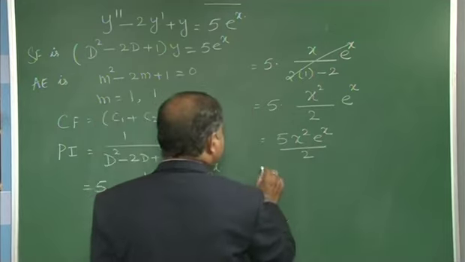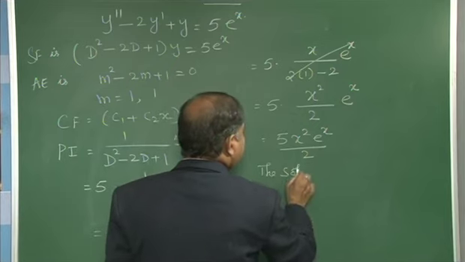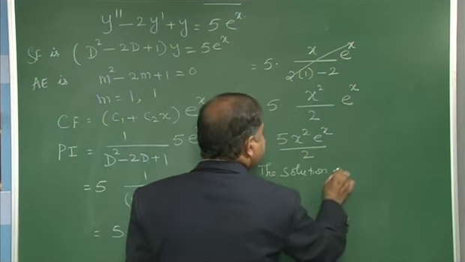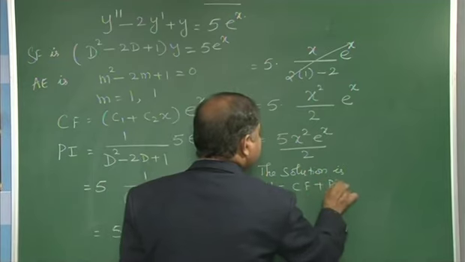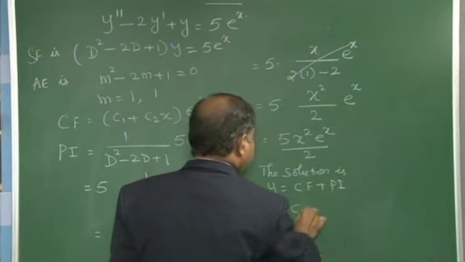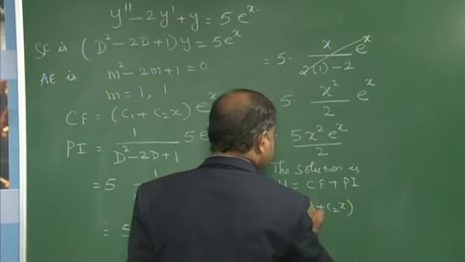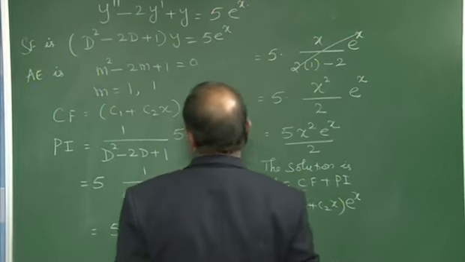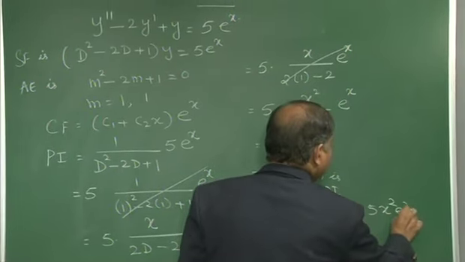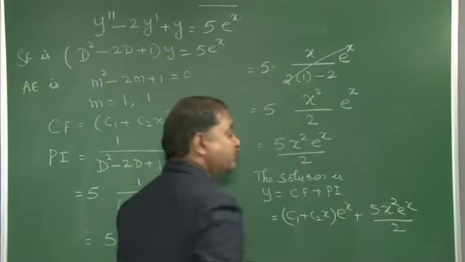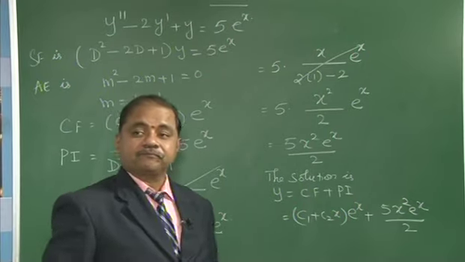Therefore, the solution is y is equal to CF plus PI, here only one, (C1 plus C2x) into e power x plus 5x square e power x by 2. That is the solution.